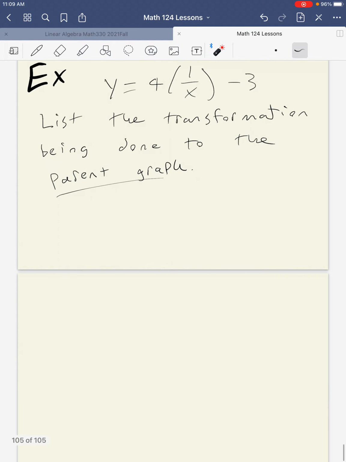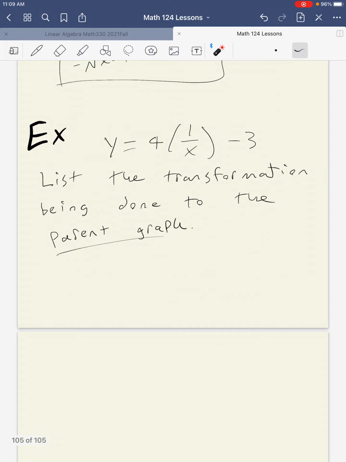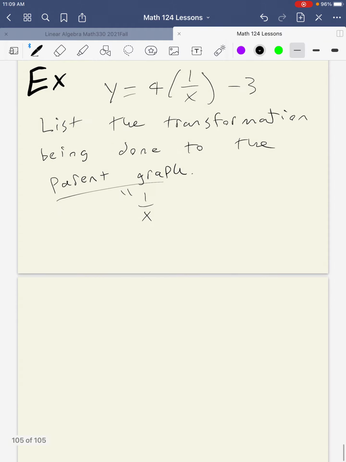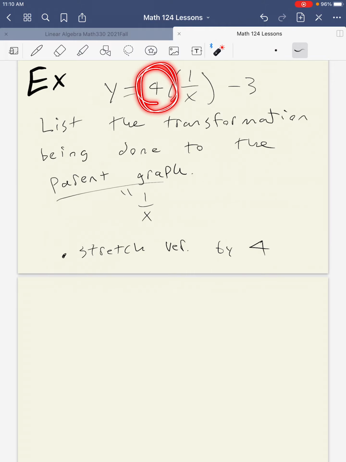Okay, so for a problem like this, clearly the parent graph in this case is 1 over x, right? And well, we're stretching this vertically by 4. That's what this 4 is doing.